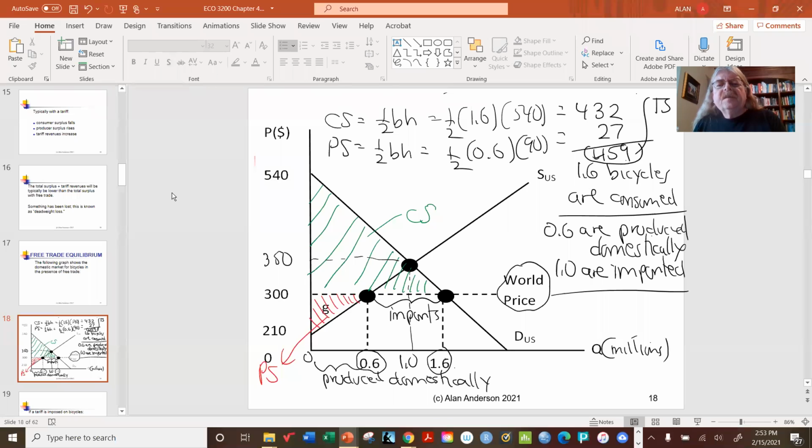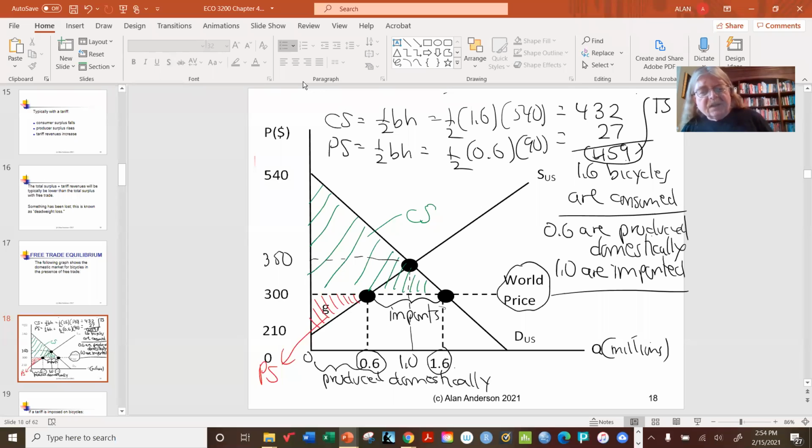And as we know, the area of a triangle is 1/2 base times height. The base is 1.6 million units, which is the total amount that we're buying between imports and domestic production. The height is the difference between this price line and this vertical axis, because we're trying to capture everything between the price and the demand curve.